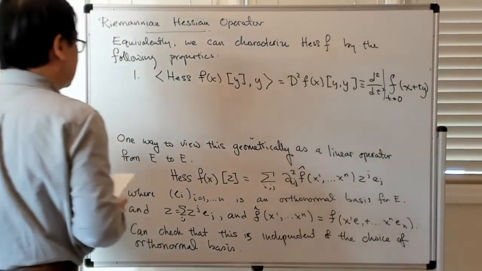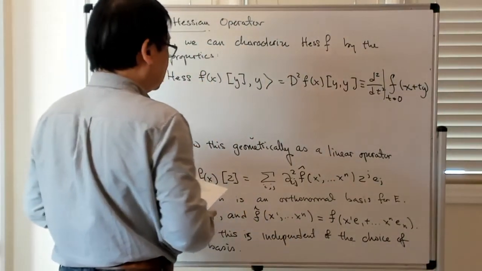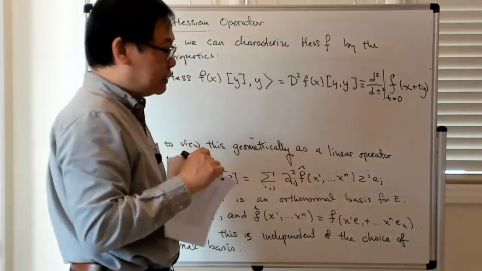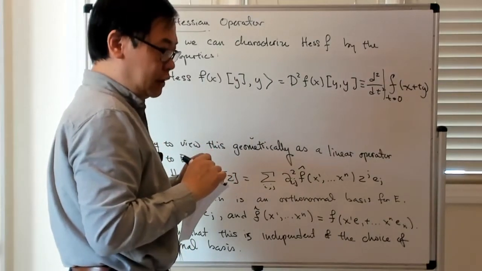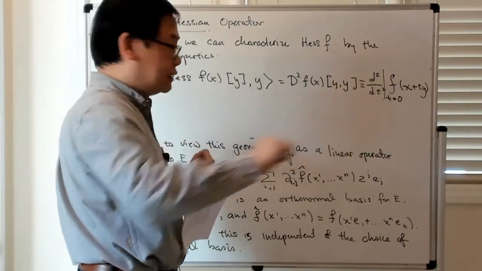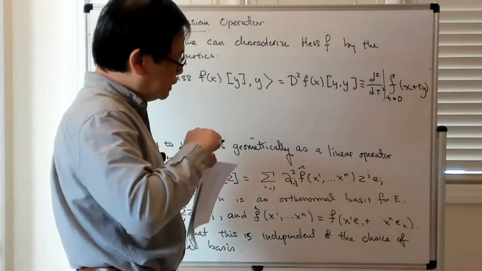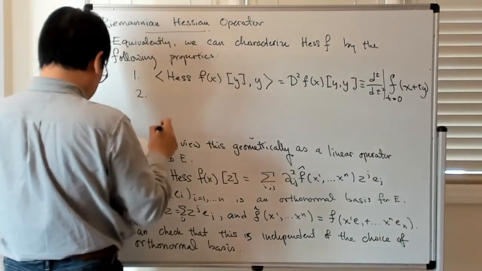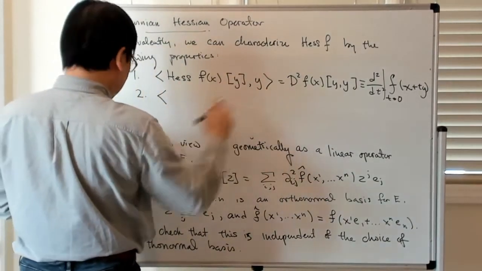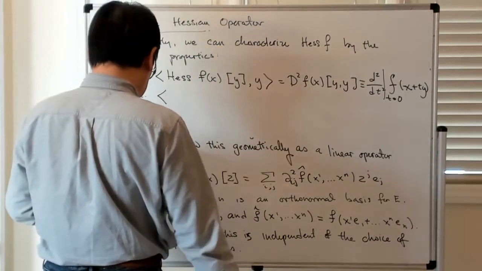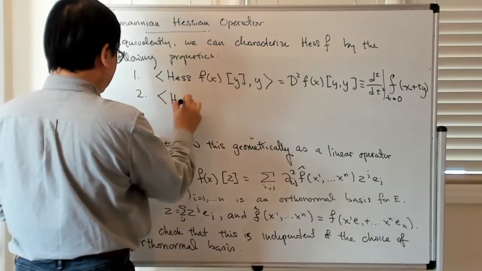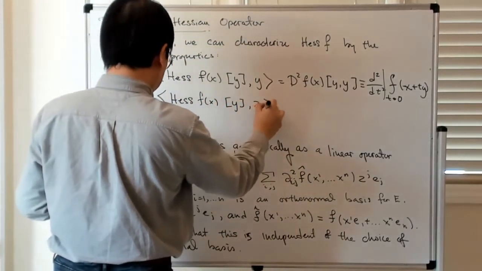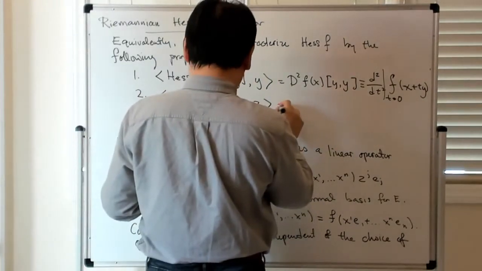Okay, so this is essentially the second derivative of the function, where you take the function and think of it as starting at a point x and moving in the direction y. And the second thing is, if you take the Hessian of f of x and act it on y, but pair it with a different vector z, this has a symmetry property.